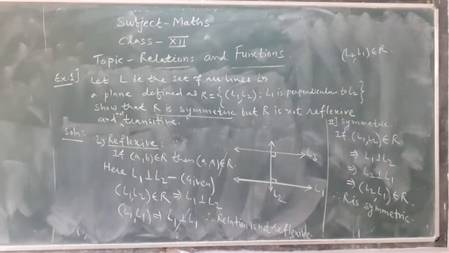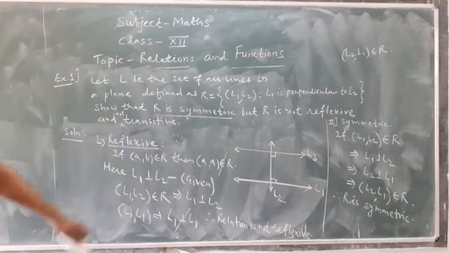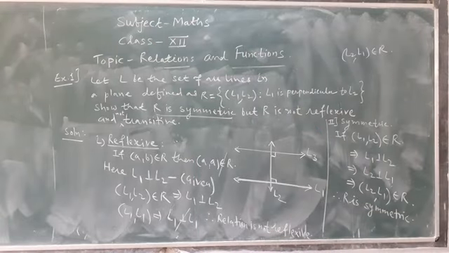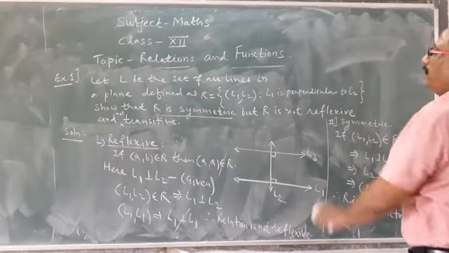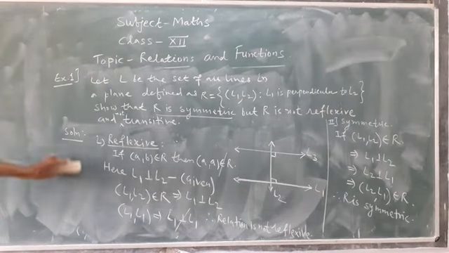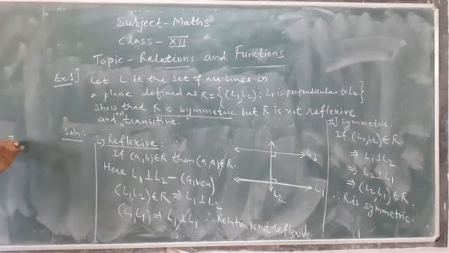Third one, the relation is not transitive. How can we prove that the relation is not transitive?